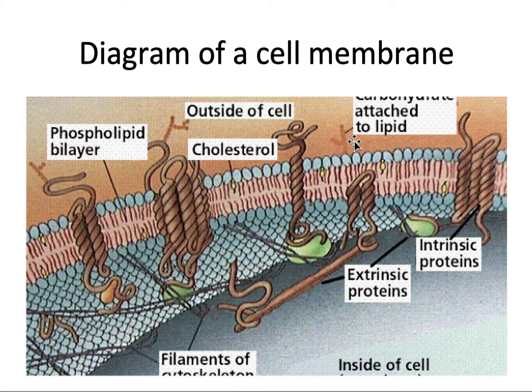So the other components are functional, while the phospholipid is like the structure. Phospholipids are like the bricks, and the other components can be gates or windows or something like those. But the main component are the phospholipids, which can be explained through the fluid mosaic model as we explained earlier.